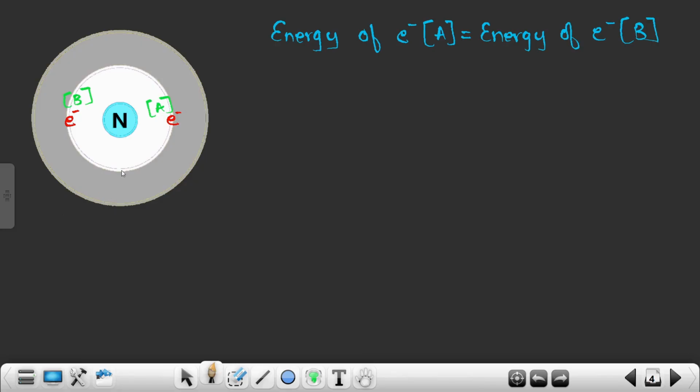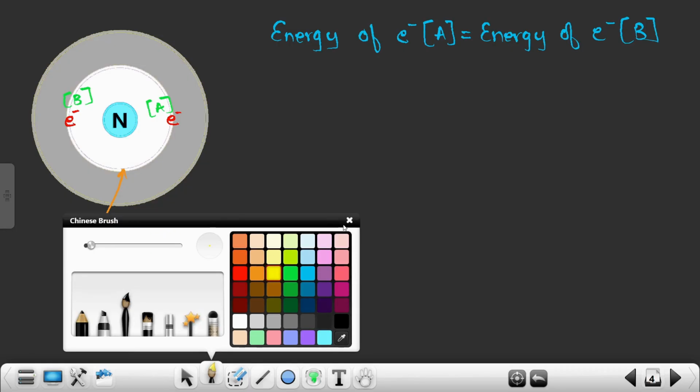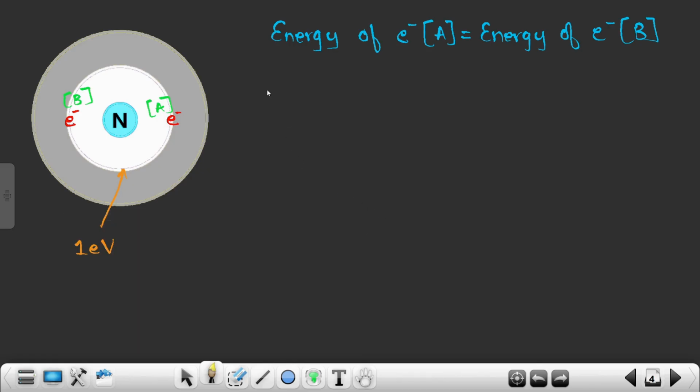So let's assume that the energy of this particular shell or orbit is 1 electron volt. This is again a random number I have just assumed so that it would be easier for us to understand this concept in a clear-cut way. Again, I will repeat what Bohr's law states: the energy of electron A and the energy of electron B are the same, and that is how much?